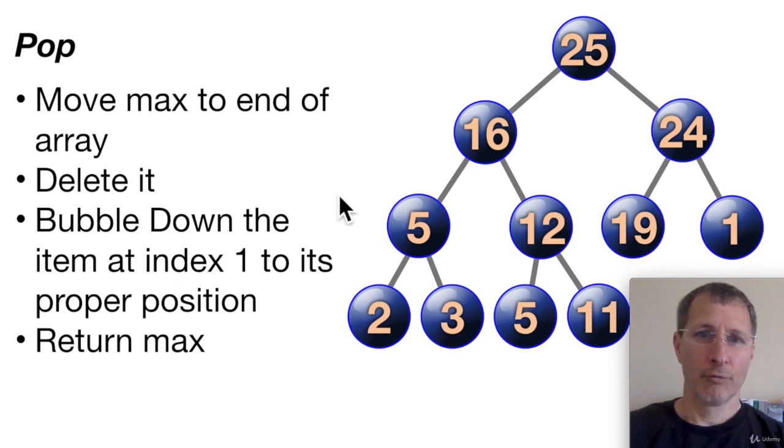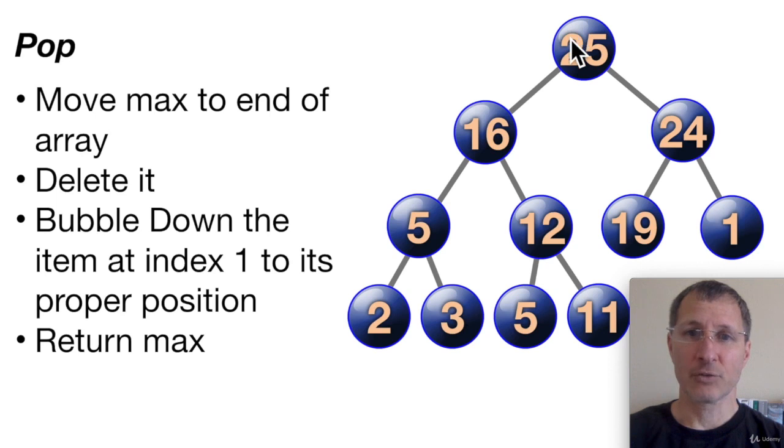We don't really need to pop it off or anything. So we just get that item and return it. And in pop, first we're going to move this topmost item. We want to pop off the max, which we know is in index position 1. First we're going to swap it with the item in the last position. Then we're going to delete it from the heap, and then we're going to bubble down the item here to its proper position. So let's take a look at the example.